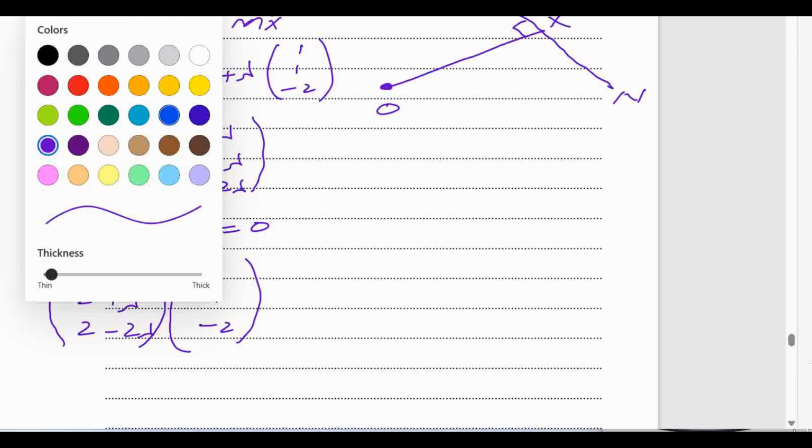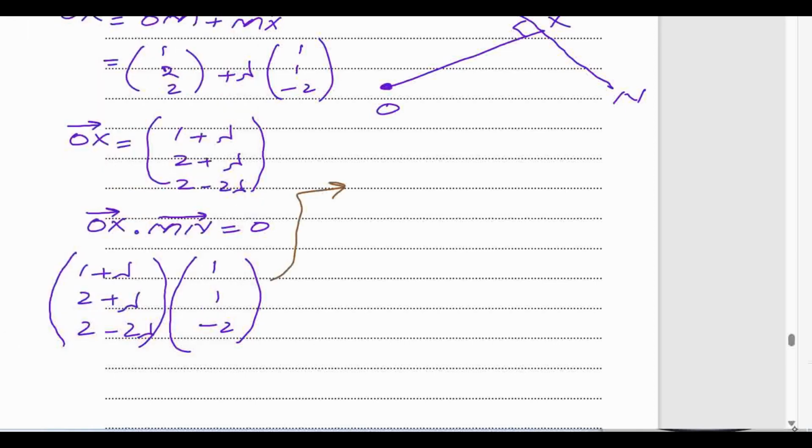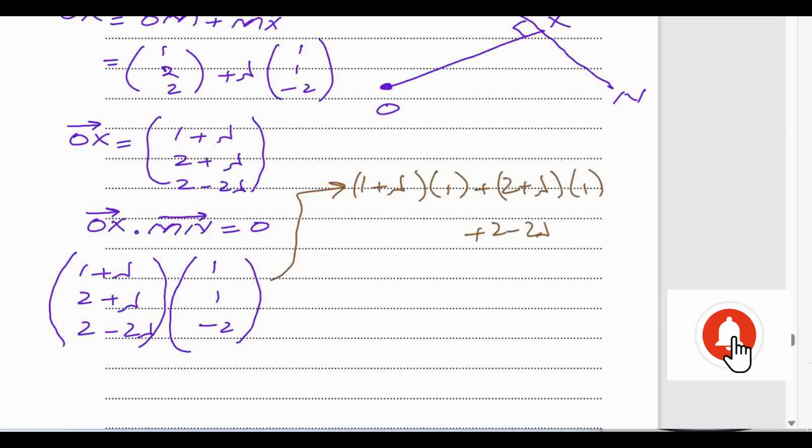Now this will be equal to (1 + lambda) into 1, because we multiply the x coordinates, the i coordinates, with i, and the j coordinates with j, and the k coordinates with k. We have seen this formula. Plus (2 + lambda) into 1, plus (2 - 2 lambda) into -2 is equal to 0.